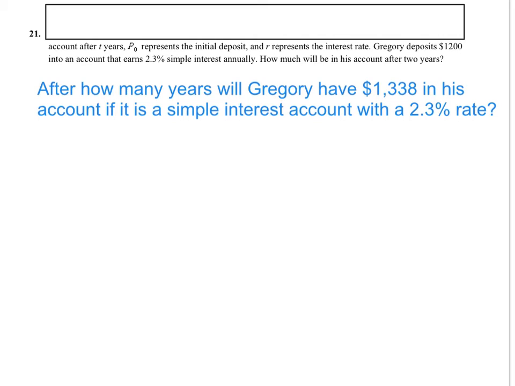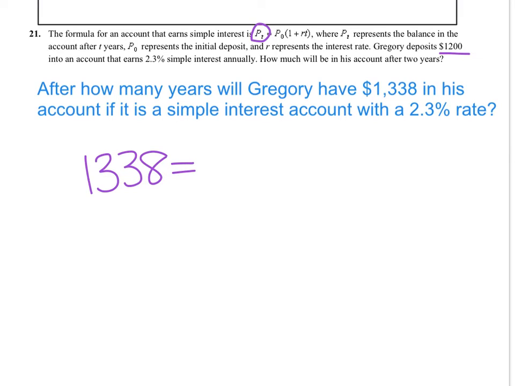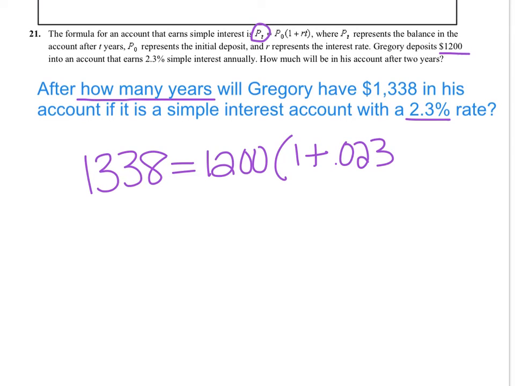All right, so if we're going to fill in the actual formula, we've got $1,338. That is our amount in the account after a certain number of years, that's P of T, and that's going to be equal to our initial deposit, which is $1,200, parentheses 1 plus our rate, which is 0.023, and I don't know how many years, so that's going to stay T. So I need to solve this equation for T, which means I need to get T by itself.